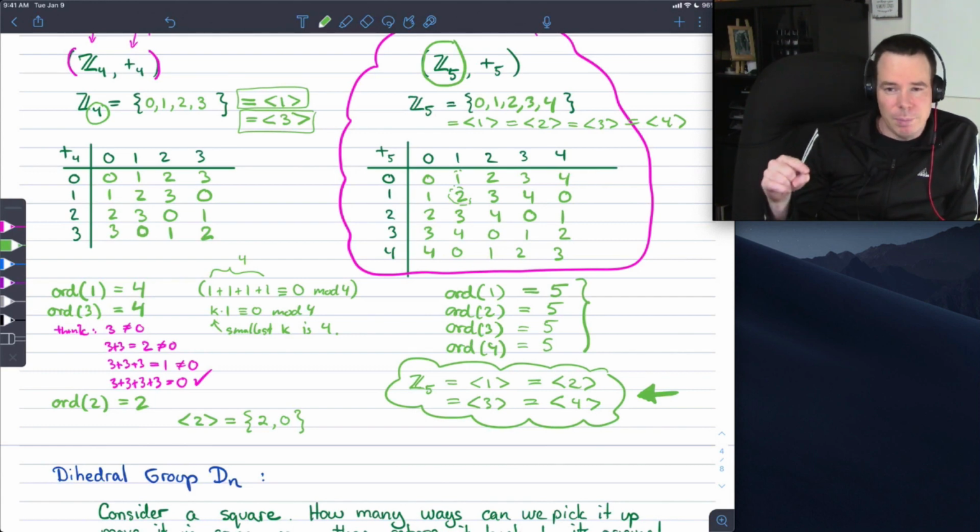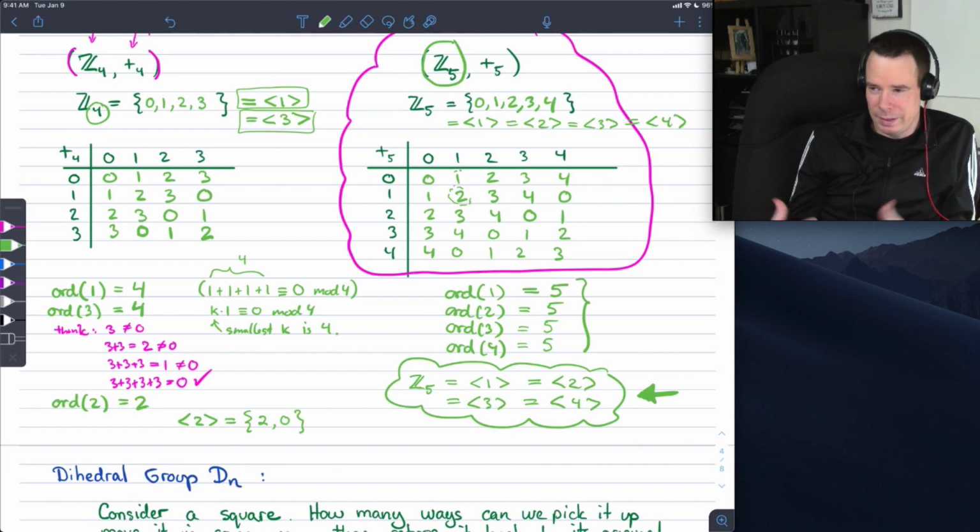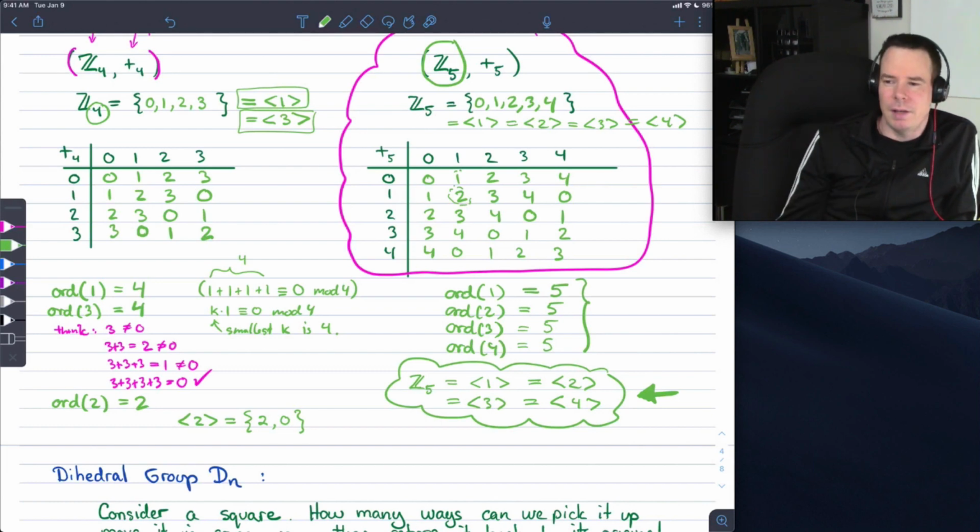Now, we did that by actually computing the orders when we were looking at the table. But now, with the results we have on subgroups, Lagrange's theorem, and the fundamental theorem of cyclic groups, we can get these results just through sheer counting. So here's the way we look at it now: Z5 is a cyclic group. Its generator is 1. What are the other generators?